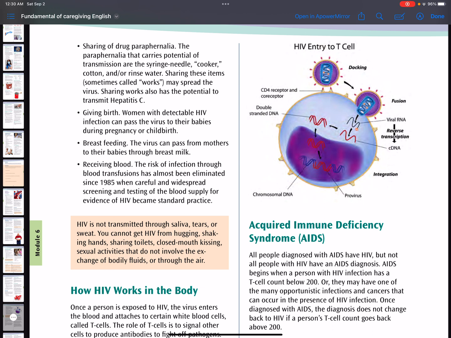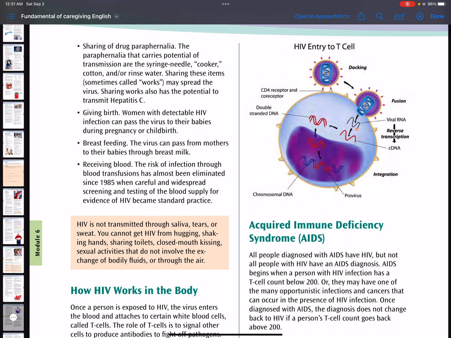With the HIV virus attached to the T cells, the antibodies produced to fight the HIV virus are unable to do so. Over time, HIV destroys the T cells in the body's immune system. The destruction leaves the person vulnerable to opportunistic infections, cancer, and other life-threatening diseases.